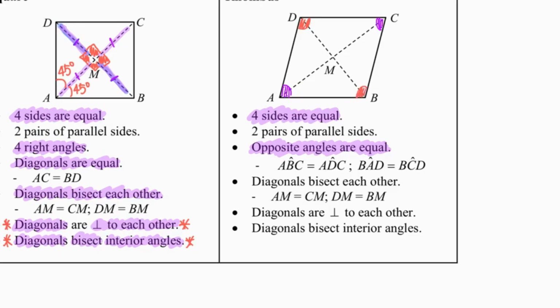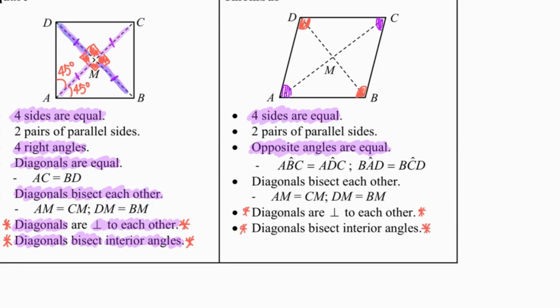The diagonals bisect each other as well. And for the rhombus, this one holds true too.